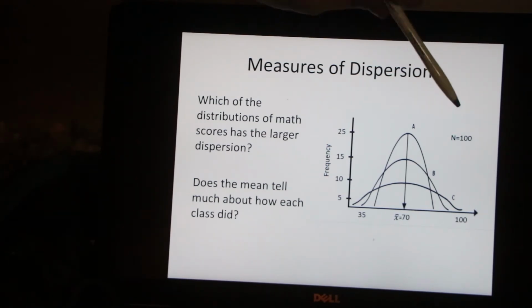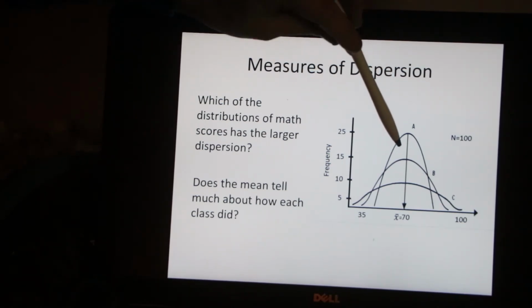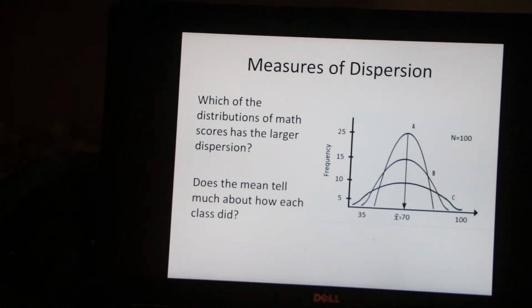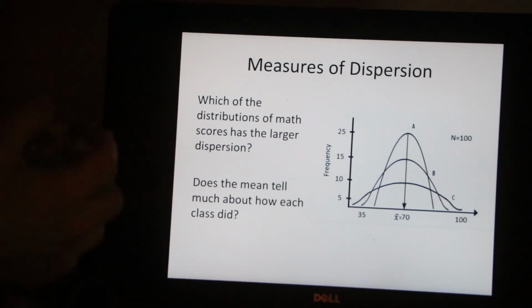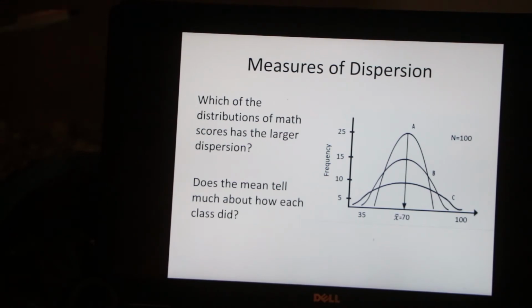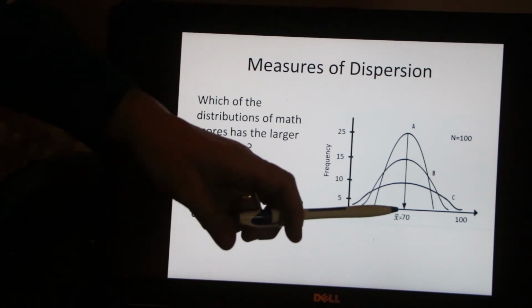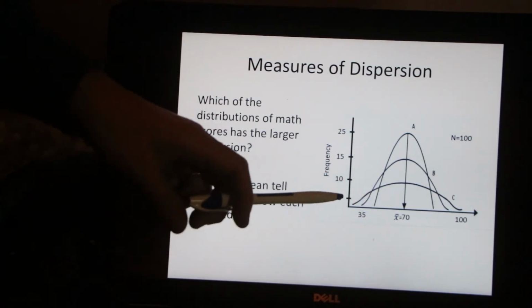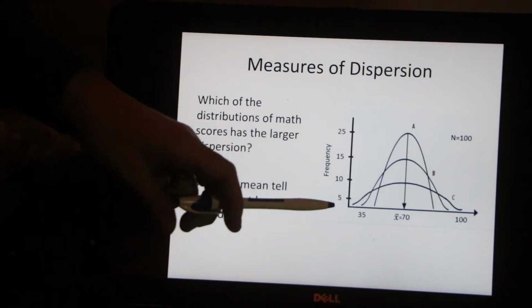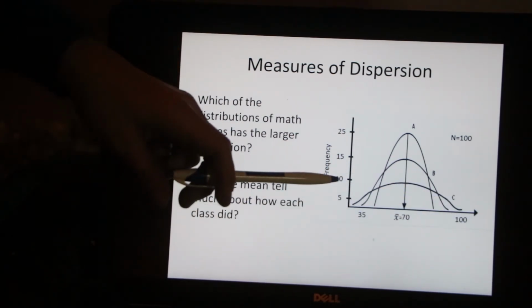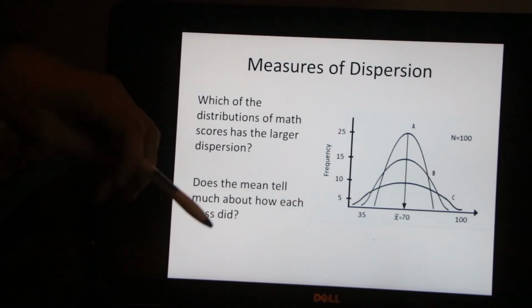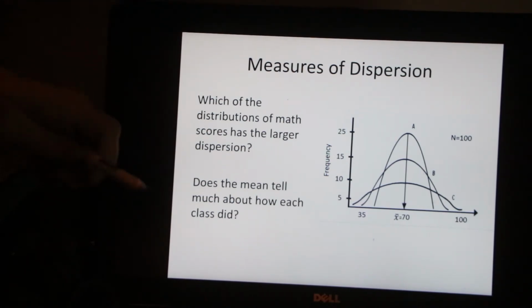Anyway, the question is, which of these classes, oh, he has here math scores, which of these classes has the larger dispersion, meaning more spread out around the mean, assuming that the mean for all 3 of these is 70. We can see that this class is more spread out in terms of how you would visualize this data if you were to draw a line around it.